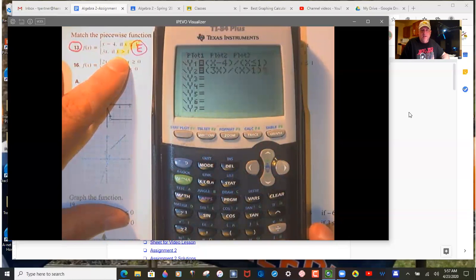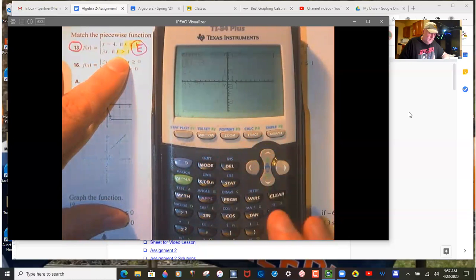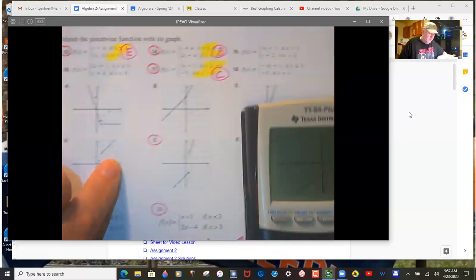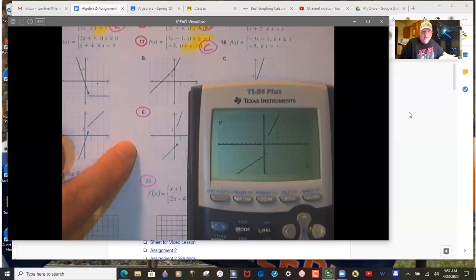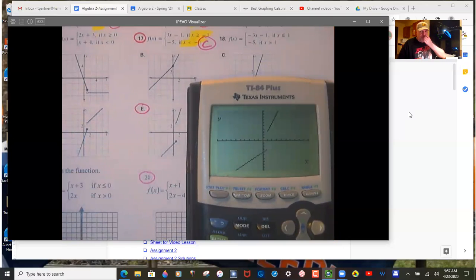You need to look at the video for those. And now this should give you something that looks like E. It doesn't show the open circle, solid circle, but it shows the idea. Okay, so that's a quick review, but look at the video for entering piecewise functions and how to use your table with it.